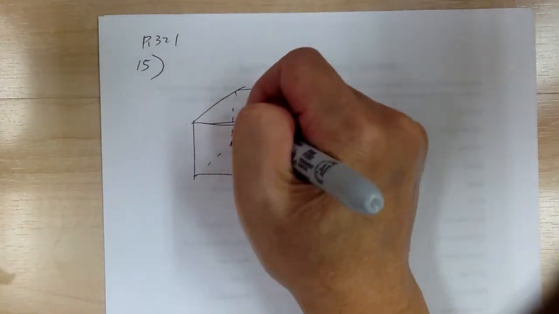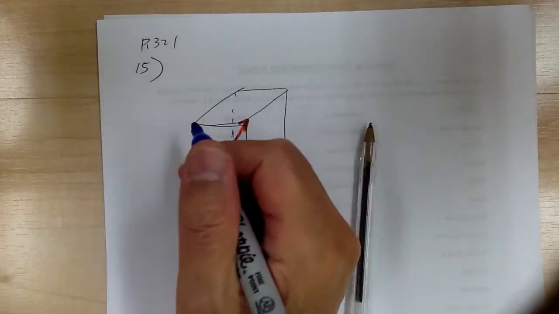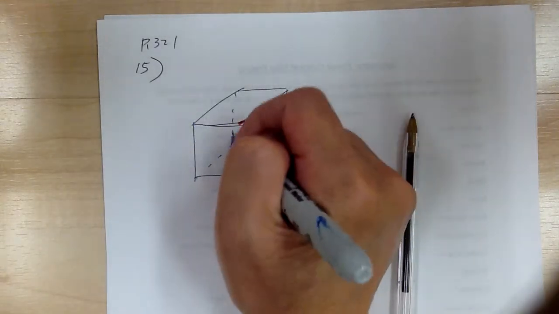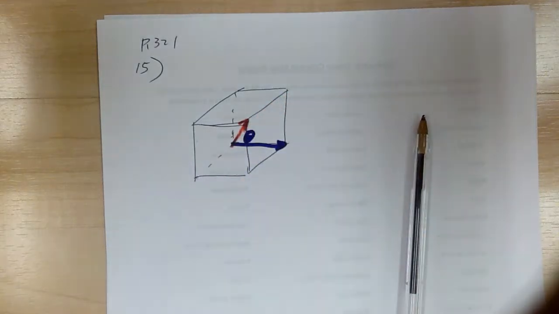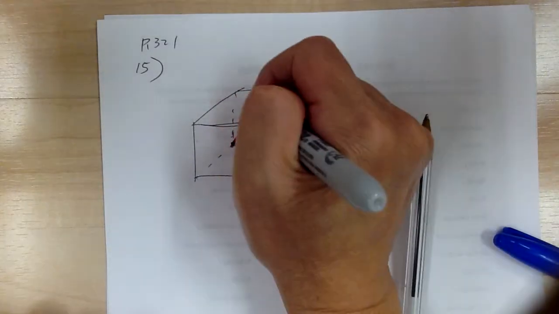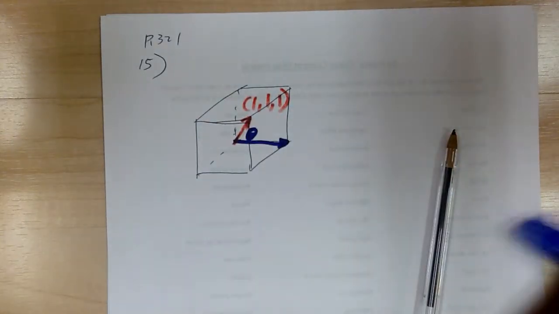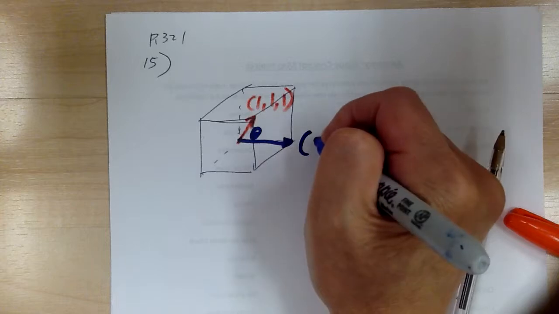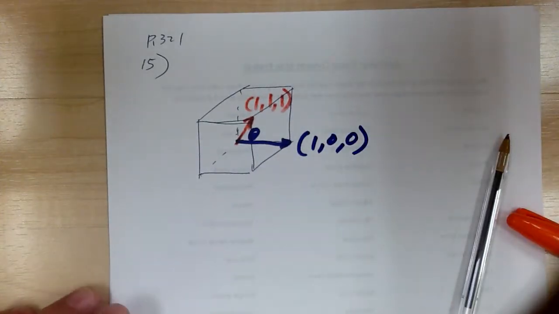Okay, so you have this over here, and you also want to find the angle between the diagonal and the edge. So you're looking for this angle theta over here. So this point is 1, 1, 1. And this point is 1, 0, 0. Again, you can use any number, but it's just like a similar triangle.